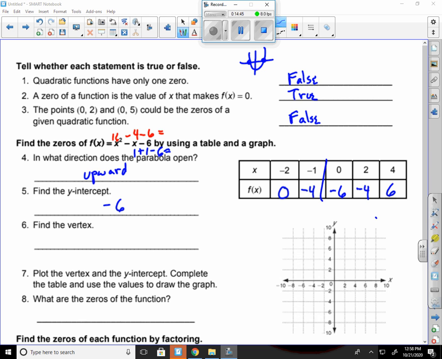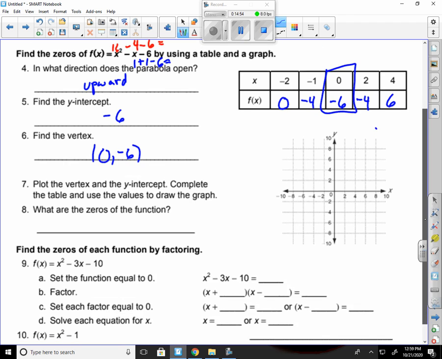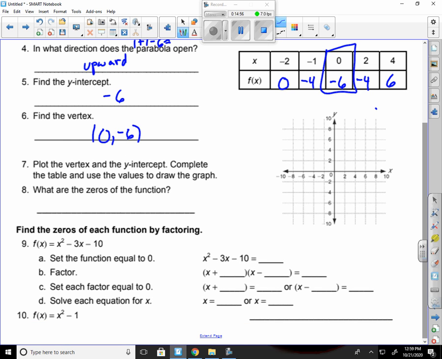Find the vertex. The vertex is going to be our lowest point, which is 0, negative 6. Plot the vertex and the y-intercept. The vertex is the y-intercept here. Complete the table, use values to draw the graph.